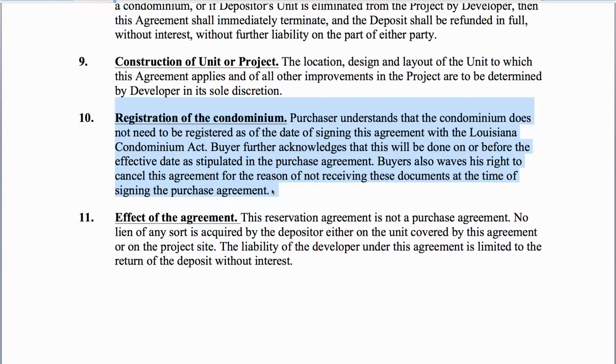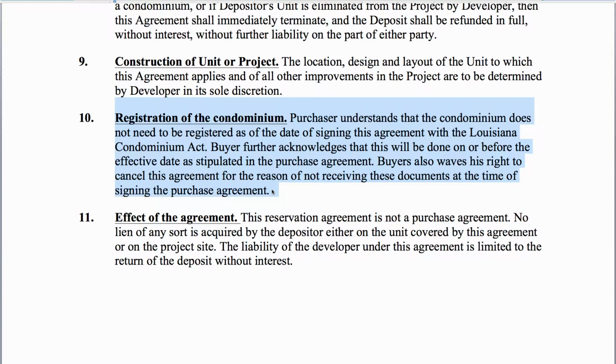So you know that you're making a reservation on this property without seeing the condo documents, and you also know that you cannot pull out because you have not seen the condo documents. As you will understand later, what Bridgeport is doing is that we are going to limit the condominium fees to a certain number of dollars per condo unit in order to protect your cash flow.